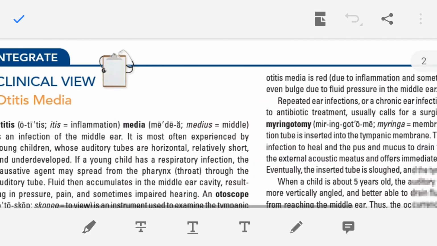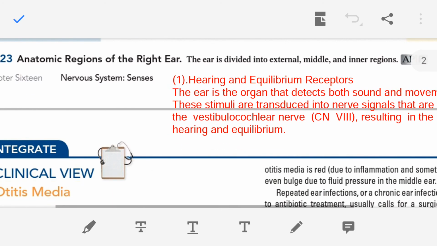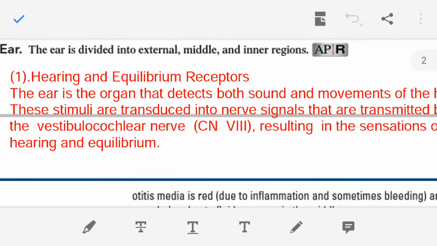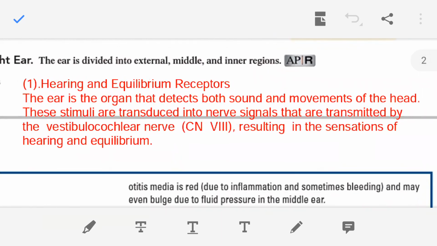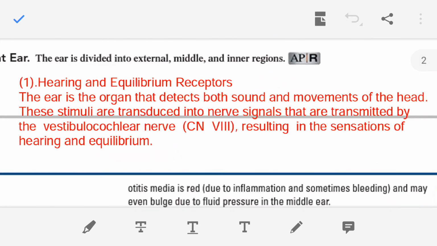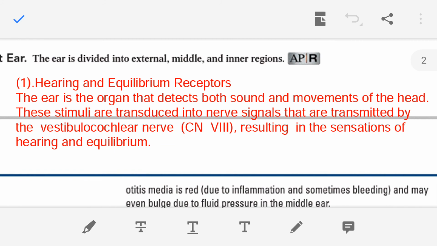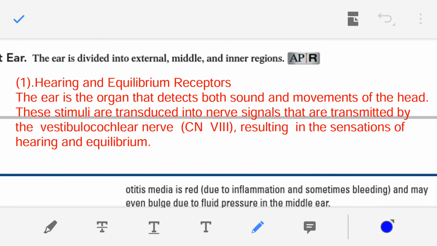So, starting with the first point, we are discussing the role of the ear in our body. What are the functions of the ear in our body? Ears are involved in the hearing process, and they are also involved in the equilibrium process.